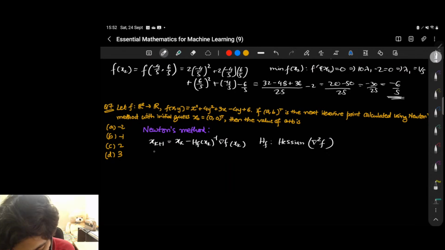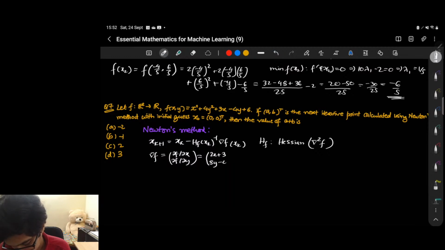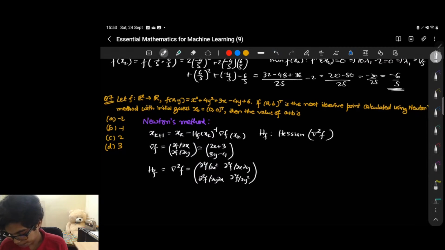So let us find del f, the gradient of f. And then the Hessian matrix.